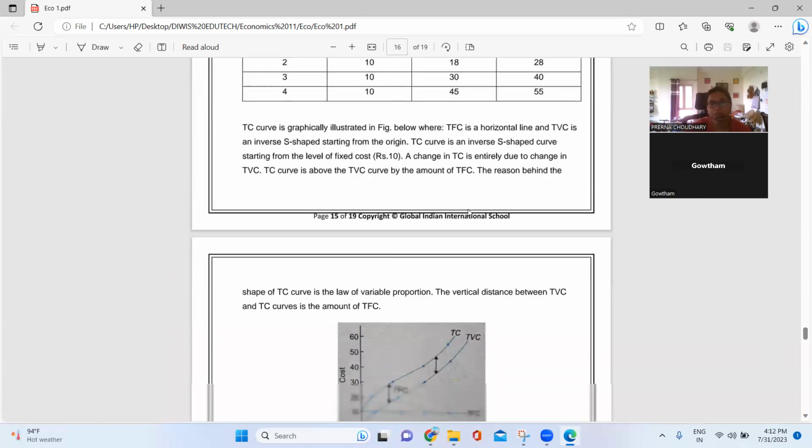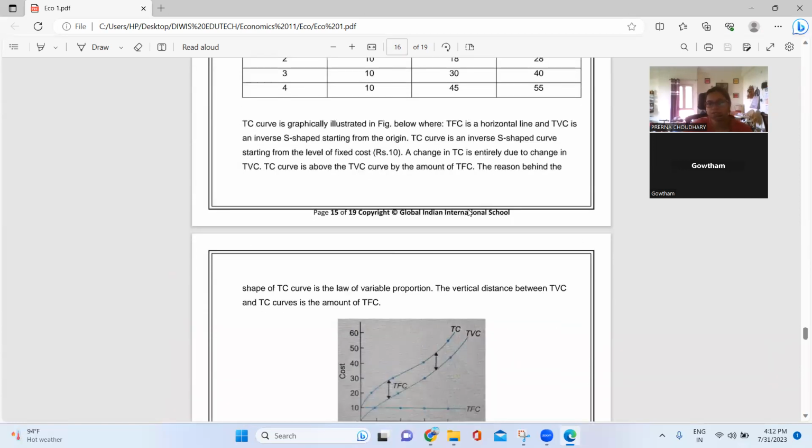The TC curve is graphically illustrated in the figure below, where TFC is a horizontal line and TVC is inverse S-shaped starting from the origin. The TC curve is an inverse S-shaped curve starting from the level of fixed cost, that is, from rupees 10. A change in TC is entirely due to change in TVC. The TC curve is above the TVC curve by the amount of TFC.